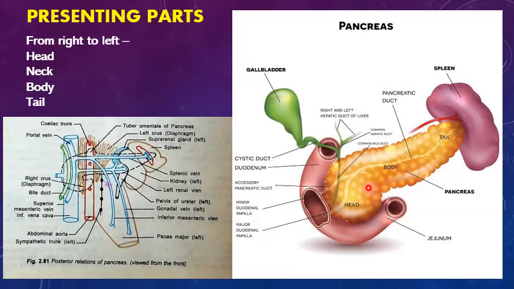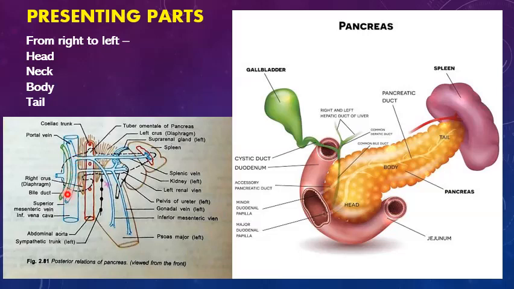And the neck lies in front of the formation of the portal vein. In this image, the dotted line represents the outline of the pancreas. This portion here is the neck. The neck is lying in front of the formation of the portal vein, which is formed by the splenic and the superior mesenteric veins.